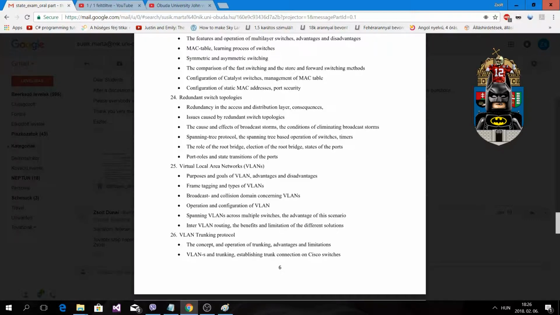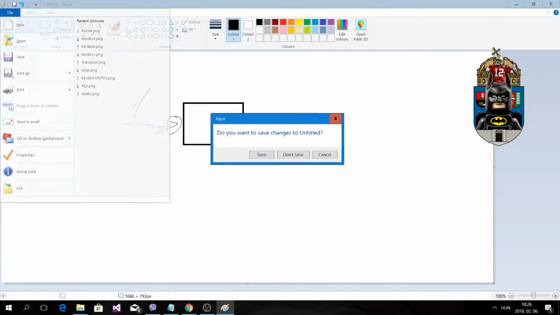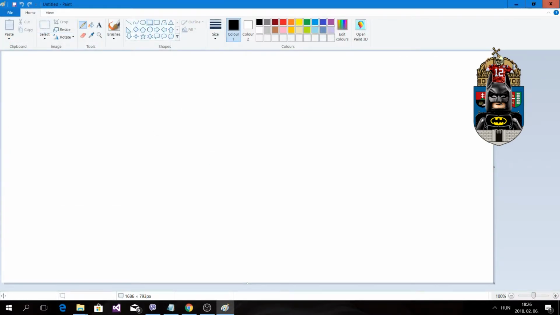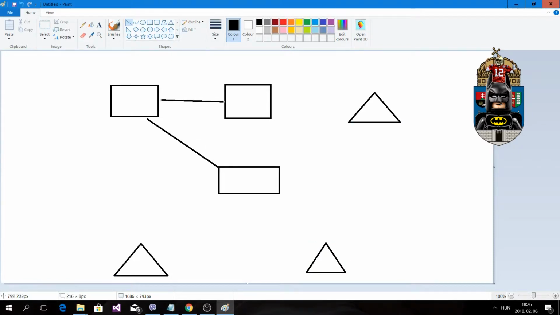Issues caused by redundant switch topologies. It's quite important that we are talking now about layer 2 switches. Imagine that we have 3 switches, and we have a host here, and a host here. These switches are connected in this direction, and from this switch the hosts are connected, and here is the other host.